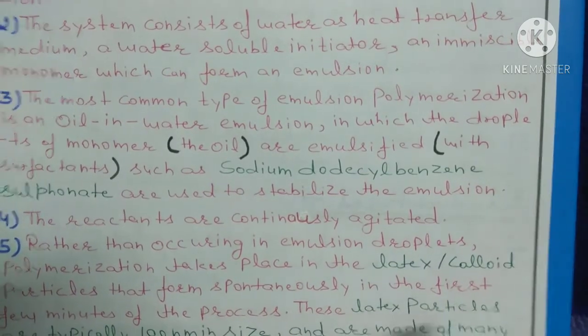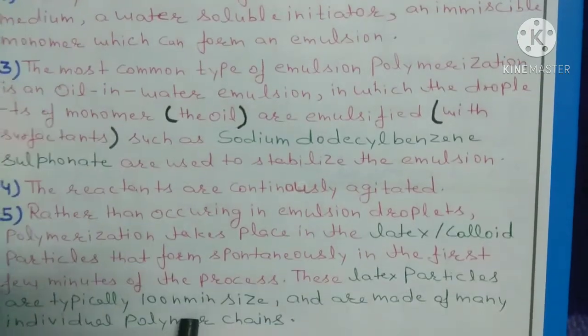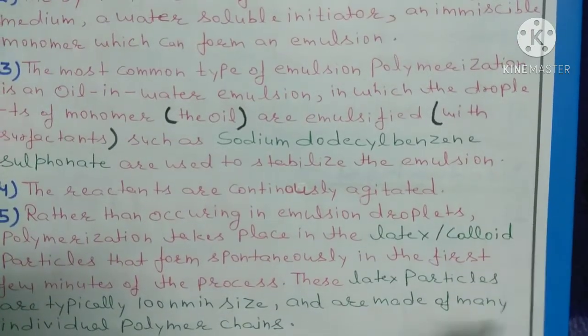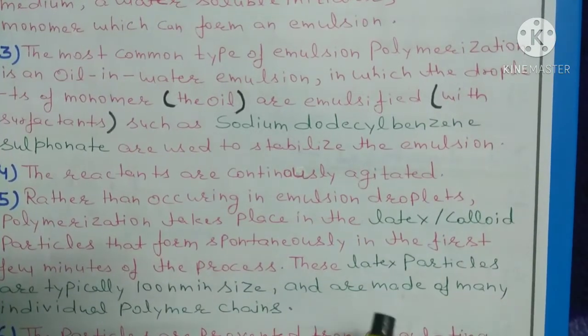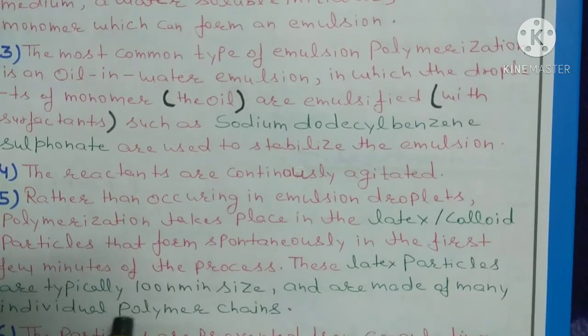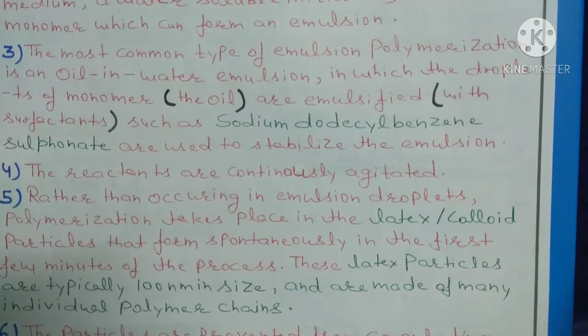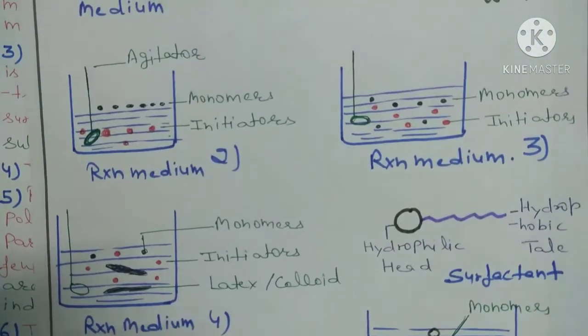These latex particles are typically 100 nanometer in size and are made of many individual polymer chains. So these latex or colloid particles are made up of many individual polymer chains like this.